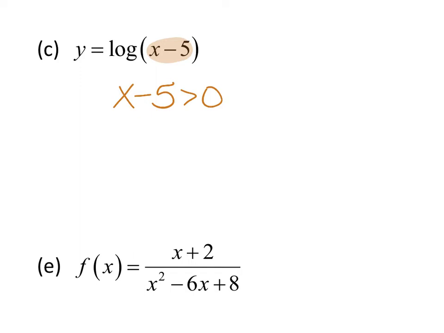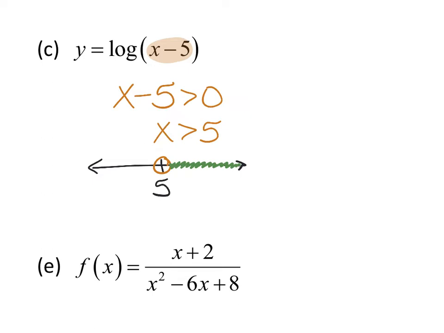Quick solve for x. So nice, it's so easy. Plus 5 on both sides. That means x has to be greater than 5. On my number line, here's 5, open circle, and my domain is just where it's greater than 5. Can we write that in interval notation?